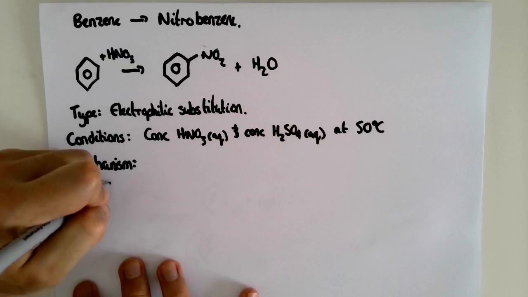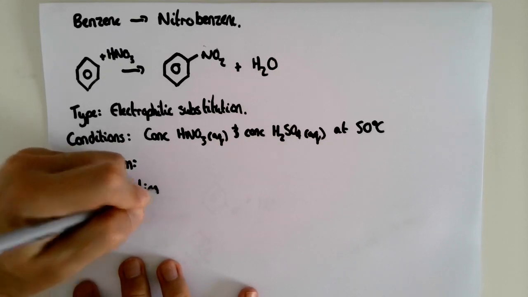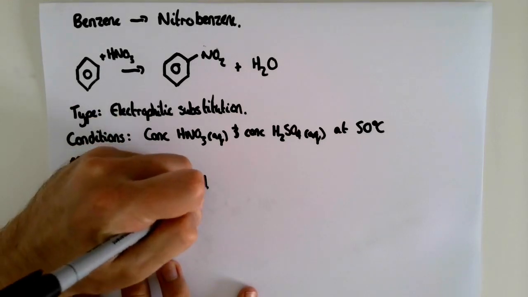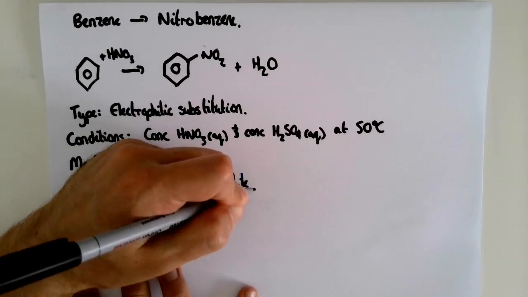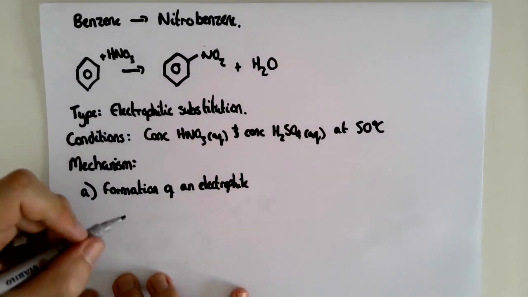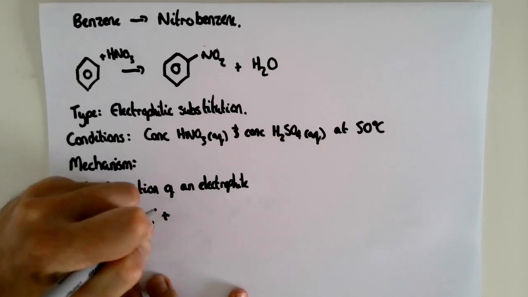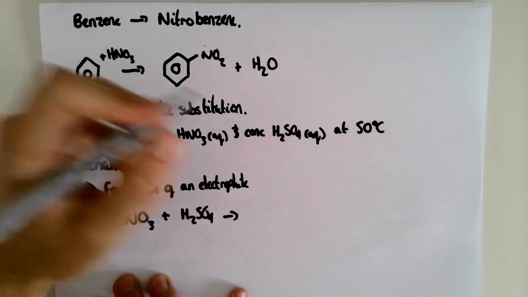Part 1 is the formation of an electrophile by the catalyst. So if I show you the equation and then I'll explain it. So you've got the 2 acids which react together.